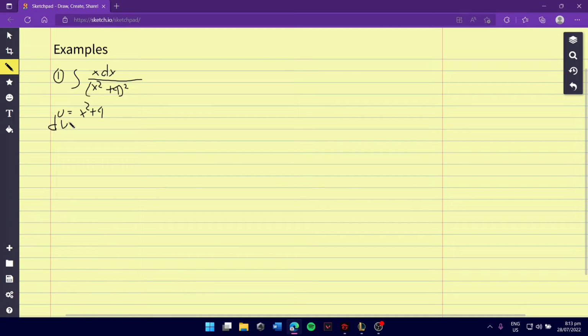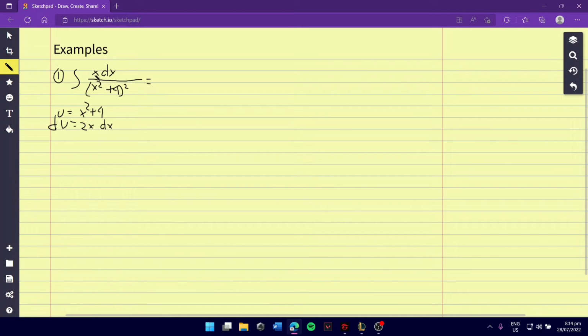So the derivative of u is 2x times dx. In order to substitute u and du, we'll make them the same. So du here is 2x dx. In our equation, we have x times dx. So we will add 2 here.